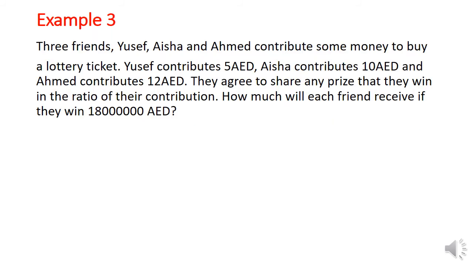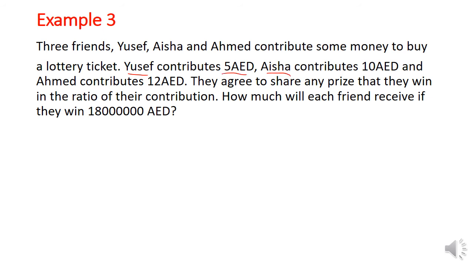In our third example, 3 friends, Yusuf, Aisha, and Ahmed, contribute some money to buy a lottery ticket. So a lottery ticket is you buy it, and if you win, you win a lot of money. Yusuf contributes 5 dirhams.